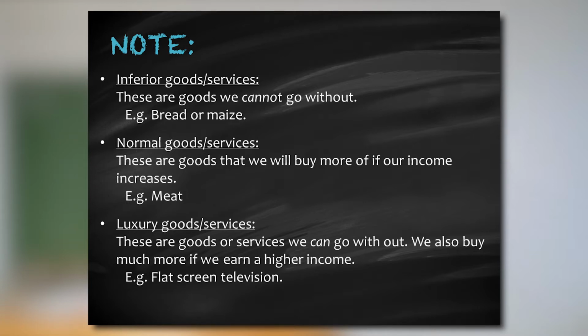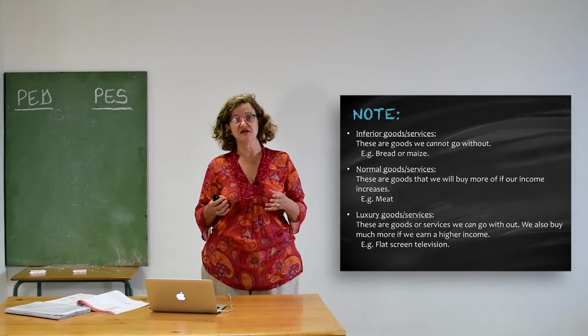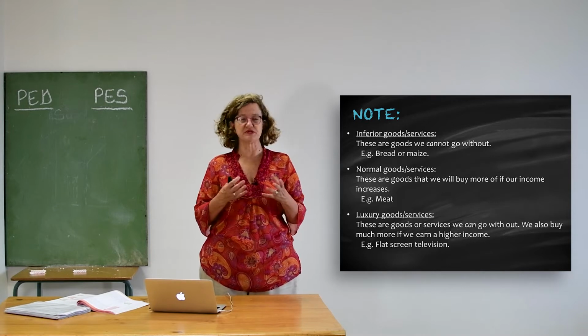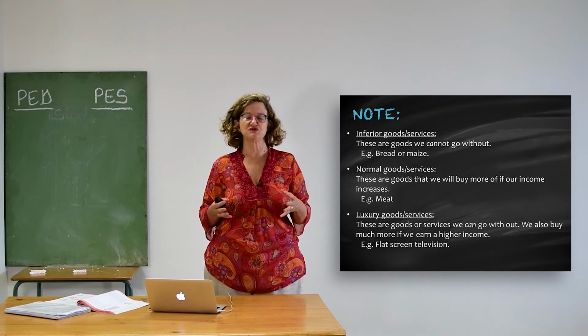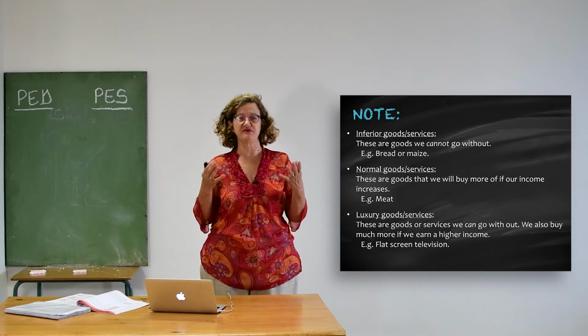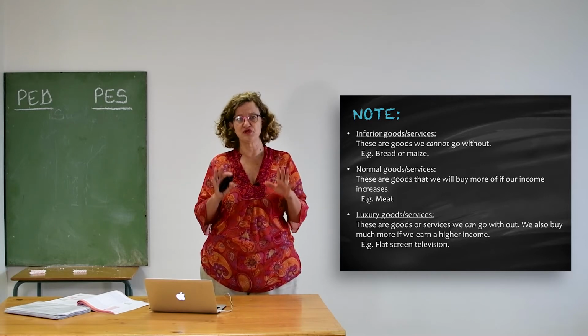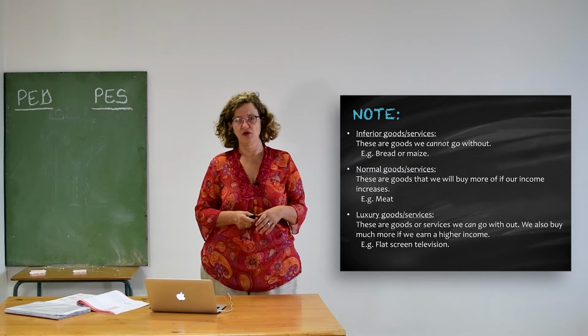Okay, and then we have luxury products. This is obviously products that we can go without, that we don't need, that we want. So in this case, the example that I use is a flat screen TV. That means that you don't need that.